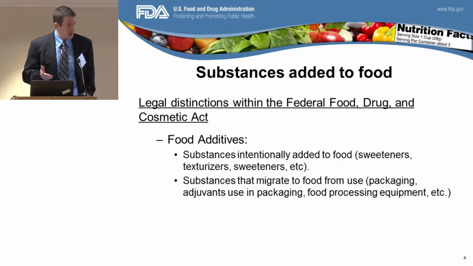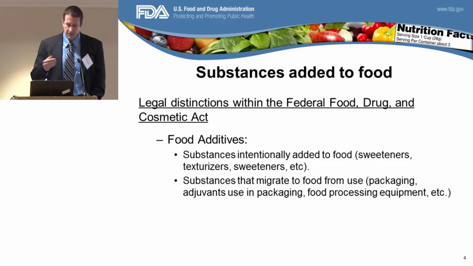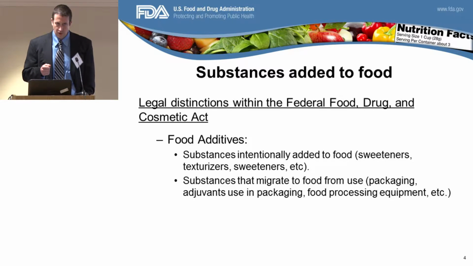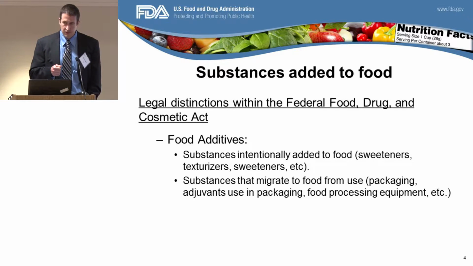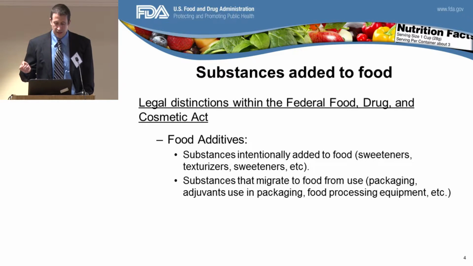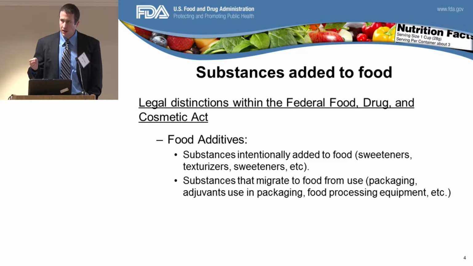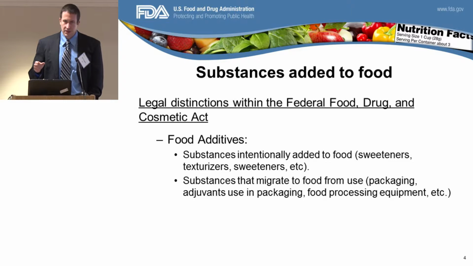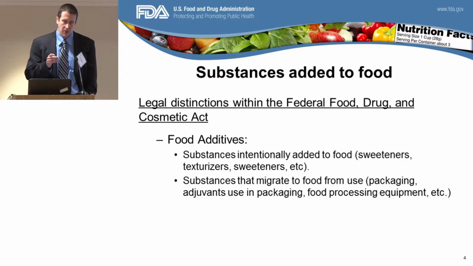And if you look at the Act, it basically includes substances that migrate into food as a result of their use. So for example, packaging materials, components used in packaging, food processing equipment, things that come into contact with food. It includes those under the same definition as substances that are intentionally added to food, which most of the public would consider to be food additives.